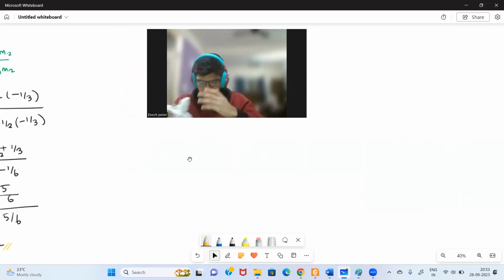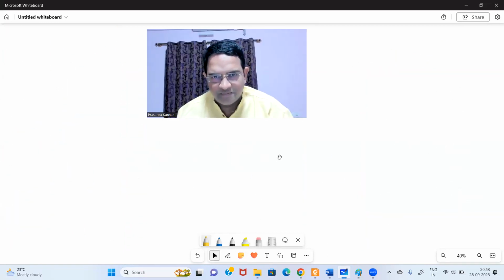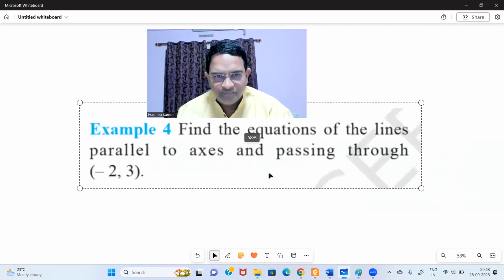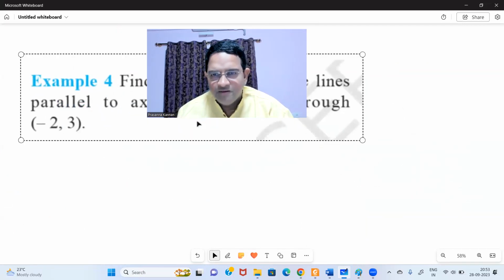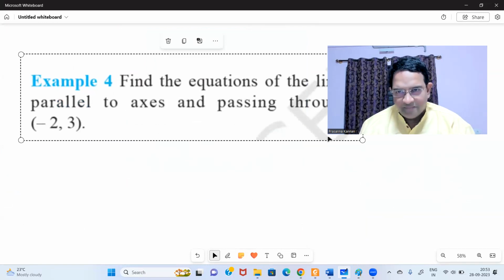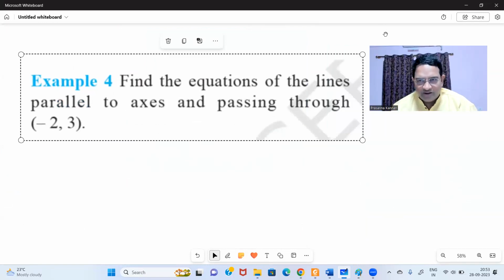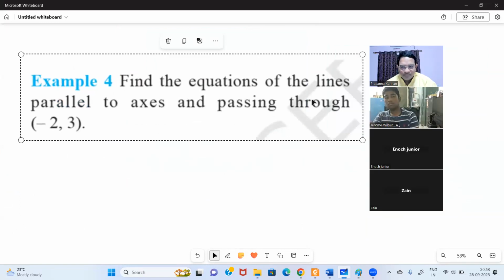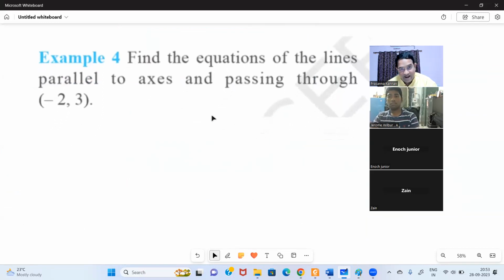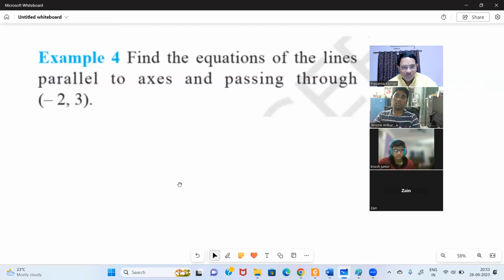Now let's move on to the next question. Find the equations of the lines parallel to axis and passing through -2, 3.